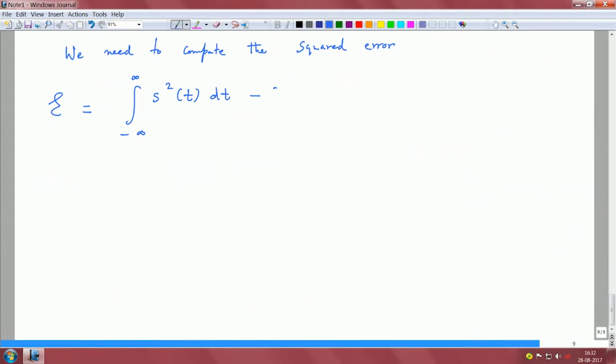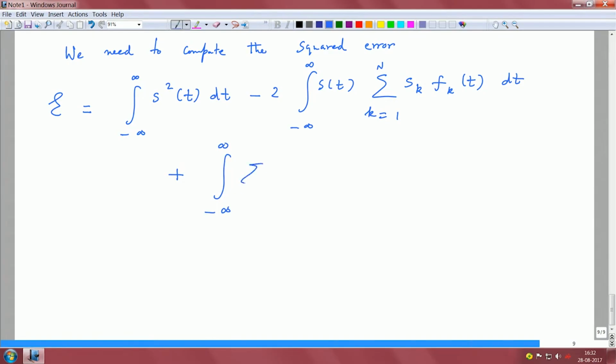So, this is minus 2 times the integral from minus infinity to plus infinity of s of t times summation k equals 1 to capital N of s k f k t dt, plus the integral from minus infinity to plus infinity of summation k equals 1 to n s k f k t times summation l equals 1 to n s l f l t dt.